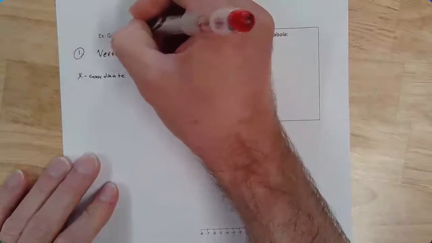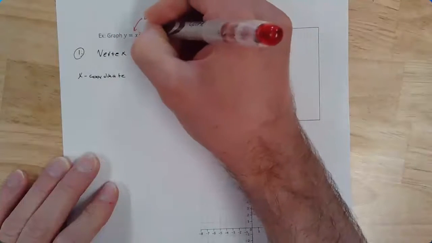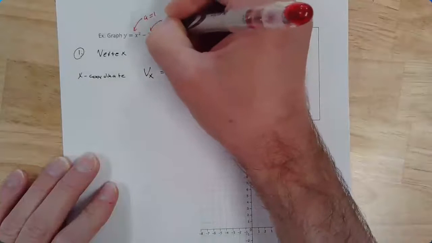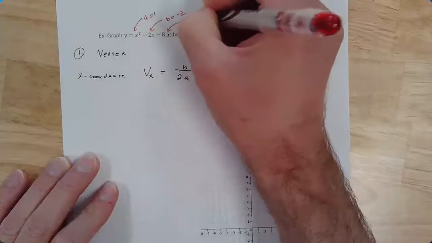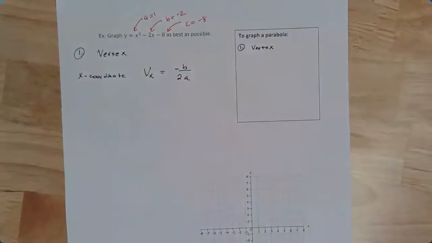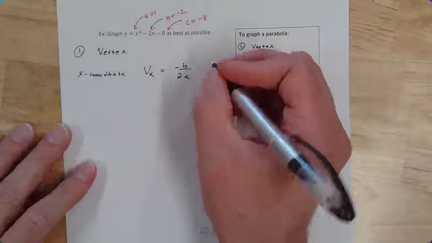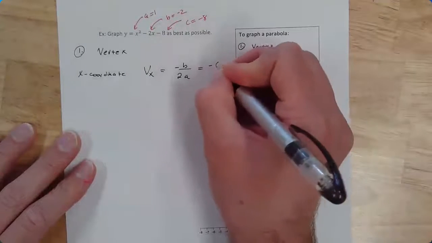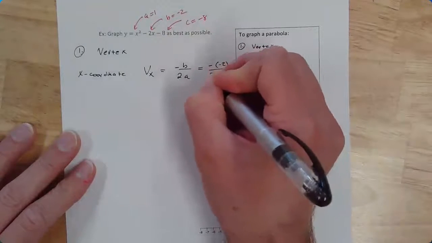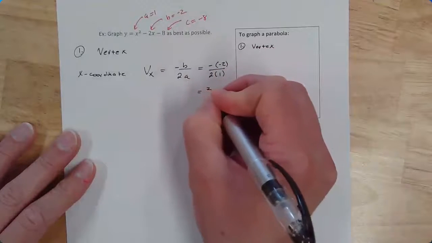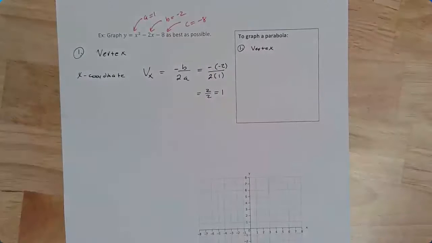So a is just the coefficient of x squared, b is the coefficient of x, and c is the constant term. So in this one, a equals 1, b equals negative 2, and c equals negative 8. So in this particular case, the vertex x coordinate is negative of negative 2 divided by 2 times 1, which is 2 over 2, which is 1.